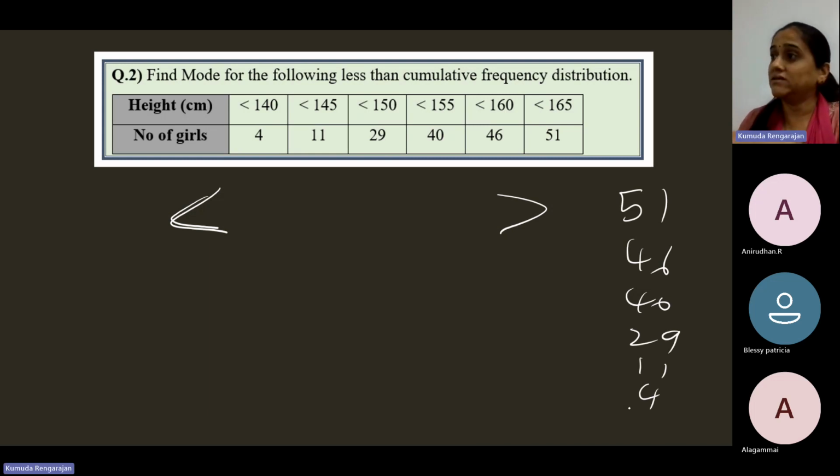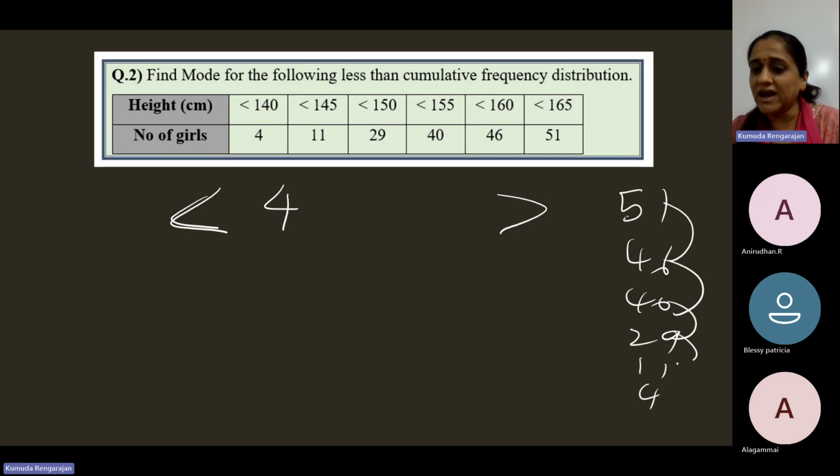If it is a more than cumulative frequency table, the cumulative frequencies will be in descending order, big to small. In the less than table, it will be from small to big. So here you should write the first frequency as it is and keep subtracting. Here you should subtract and write the last frequency as it is.